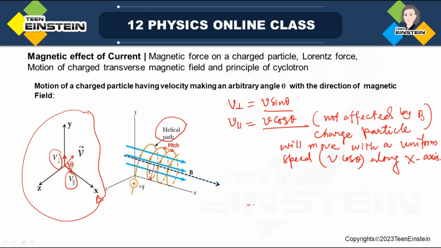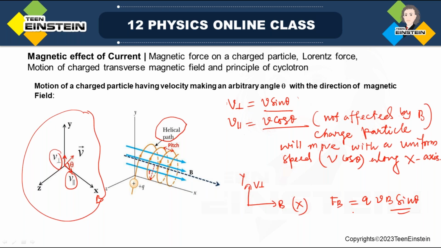So now, along the x direction you have B, and you have V sine theta, or V perpendicular, along the y direction. The charged particle will experience a magnetic force that is q V B sine theta.